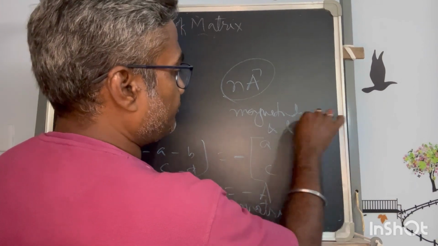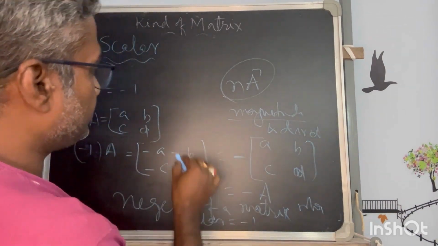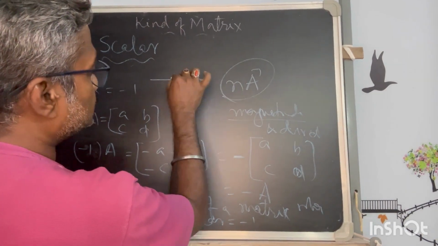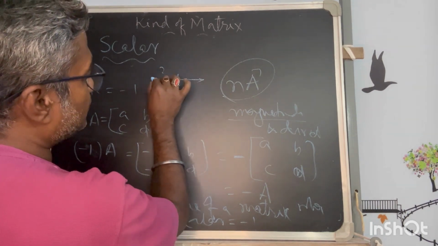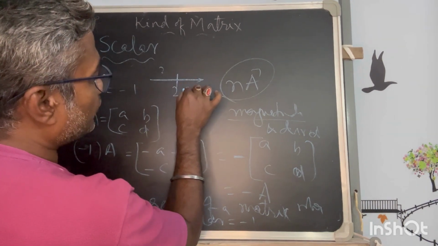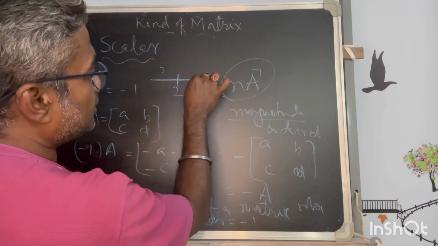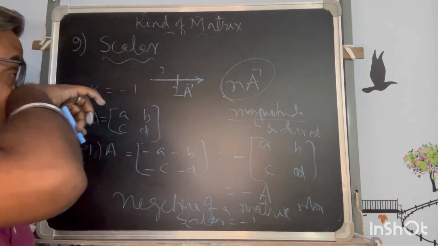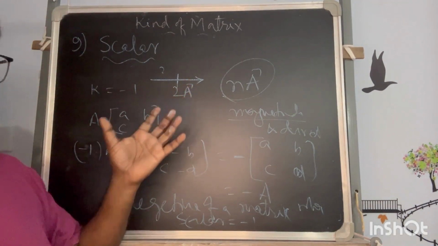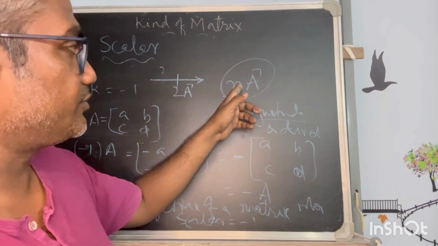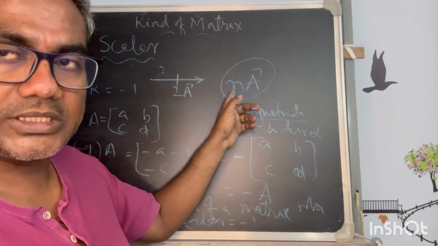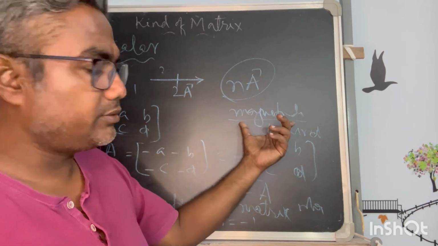So if the magnitude changes, only the vector will be enlarged. Let's say this is a vector; if I multiply it with 2, the vector will be enlarged by 2 times, but the direction of the vector won't change. So the vector will become bigger. The effect of a scalar on a vector is only that the magnitude increases.